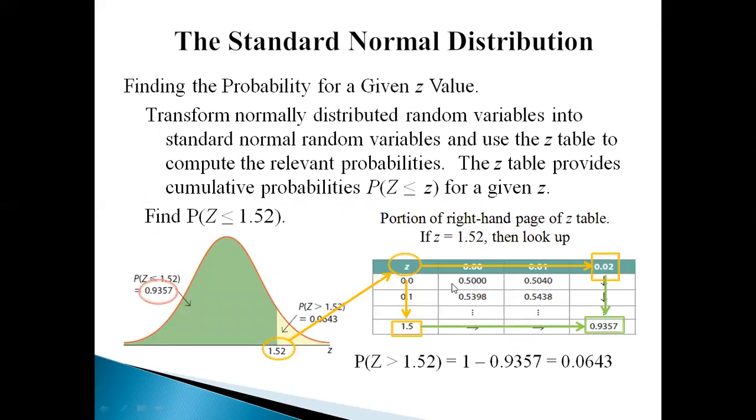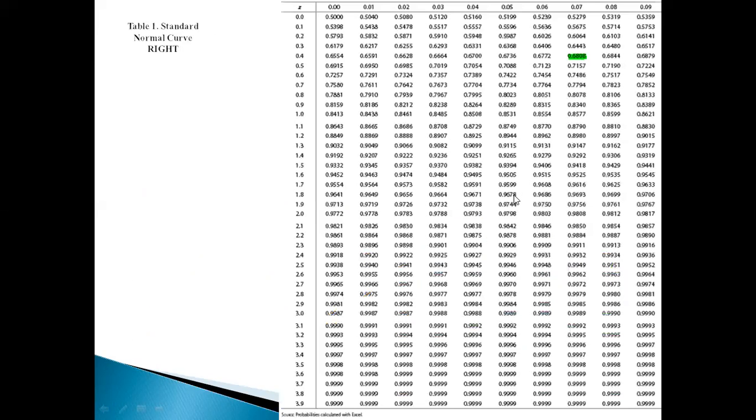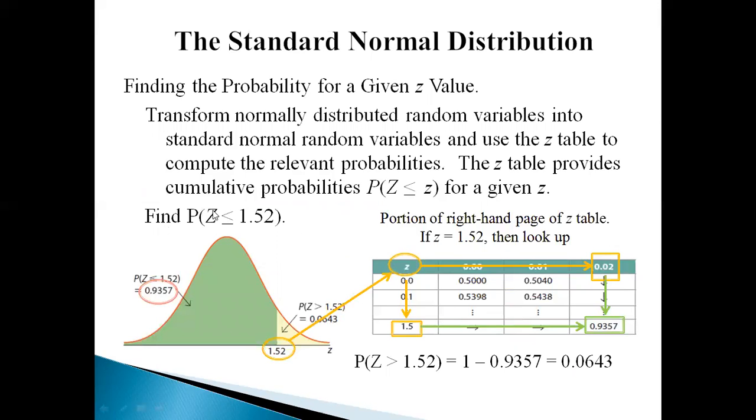Here's an example. So let's say we want to find the probability for a given z value. We're going to transform the normally distributed random variable into the standard normal random variable and use the z-table to compute the relevant probabilities. So the z-table provides the cumulative probabilities, remember, of Z less than or equal to z for a given z. And so we want to find the probability of capital Z less than or equal to 1.52.